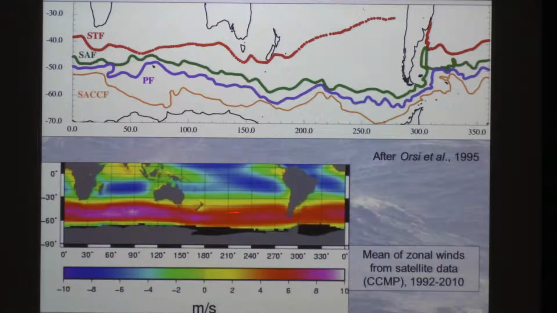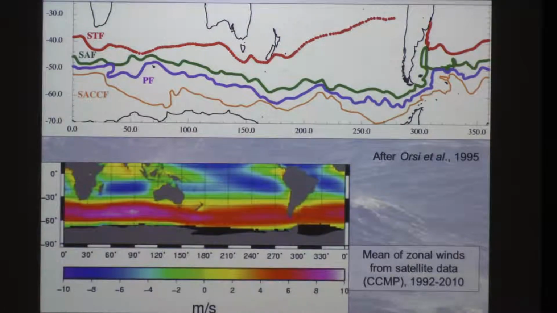And so that means that the forces on the surface have to be balanced by basically drag at the bottom. And that allows the current to go all the way to the bottom, unlike most other current systems in the world.